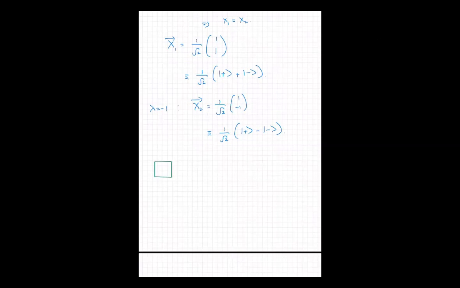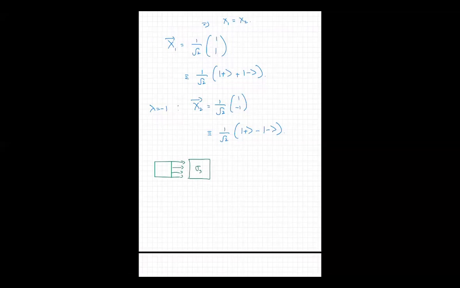So let us say that there are some beams that are generated, right? And I put a device that measures, let us say, sigma 3. Okay, then what are the possible values of measurement?